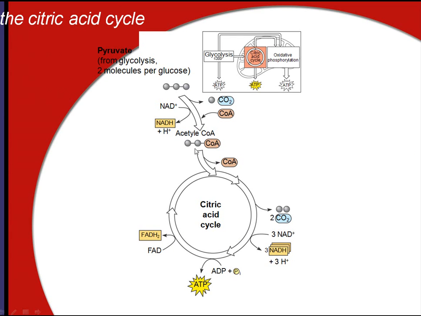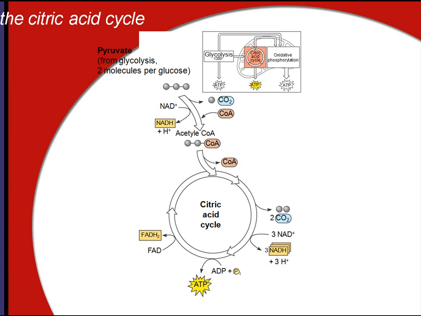Once we have our acetyl-CoA, we can bring that into the citric acid cycle. This is truly a cycle. The products create the reactants of the next reaction, and the final products are the initial reactants.